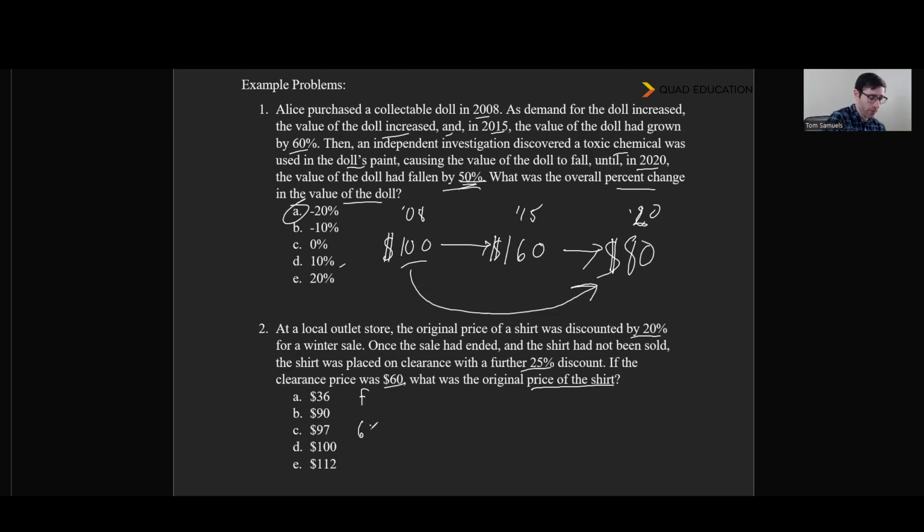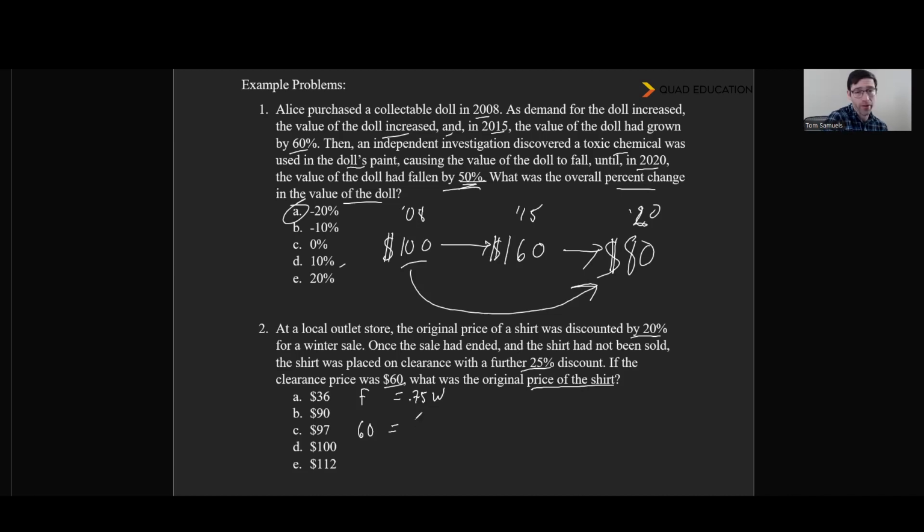And they're saying that our winter sale price, whatever that was, multiplied by 75%, because when you lose 25%, you have 75% left. And so we'll then say, okay, well, that's 60 equals 75% of what?